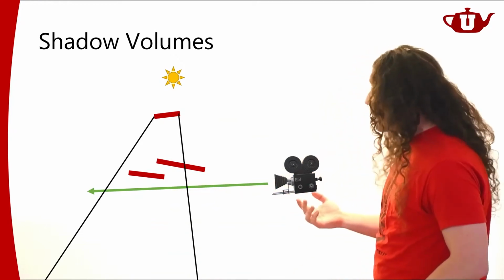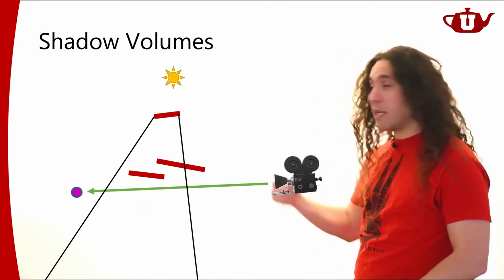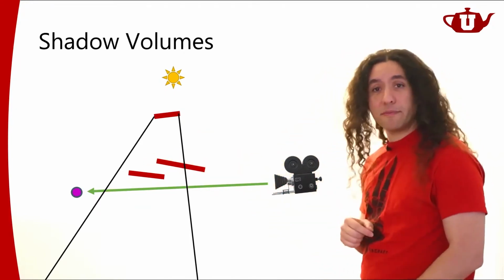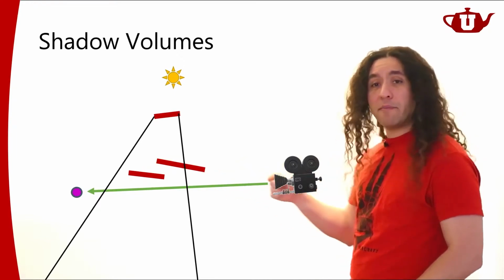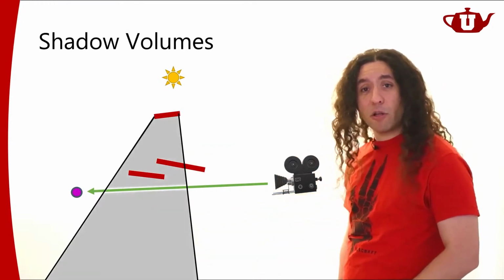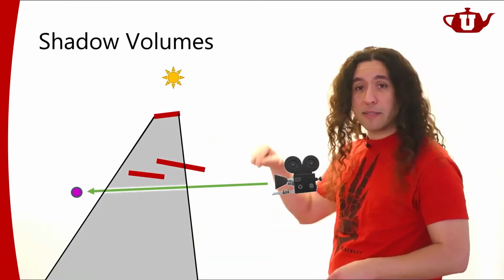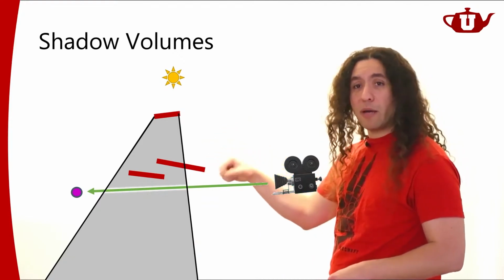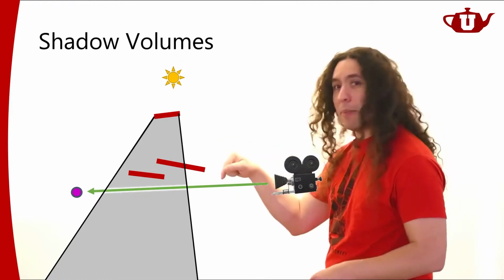And what I would like to find is, if I have a fragment over here that I've rendered, is this going to be in shadow? Here I would like to determine if it is inside this shadow volume or not. And I can determine that fairly easily just by looking at these boundaries. Over here, I had a boundary whose surface normal was in this direction, so I entered the volume.